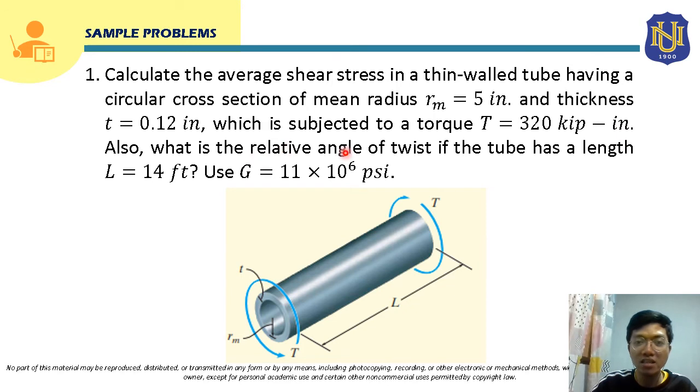Also, what is the relative angle of twist if the tube has a length of 14 feet? Use shear modulus equal to 11 times 10 raised to 6 psi. Again, we are going to solve for the average shear stress and the angle of twist using the formulas that we talked about.